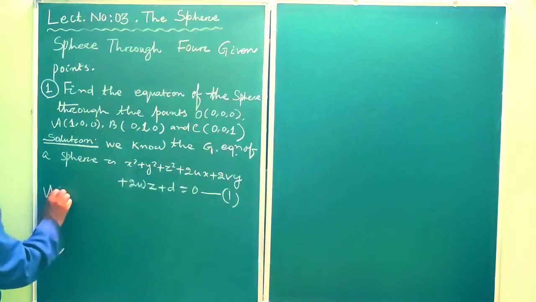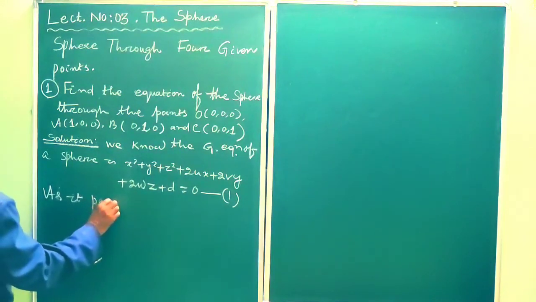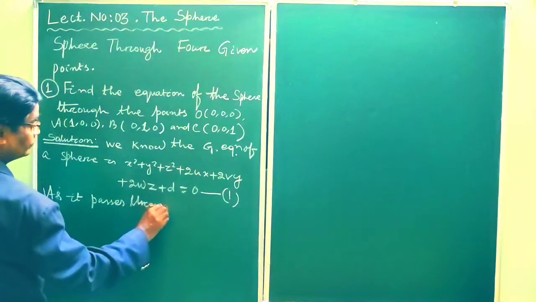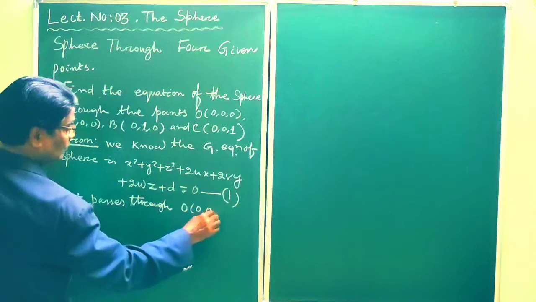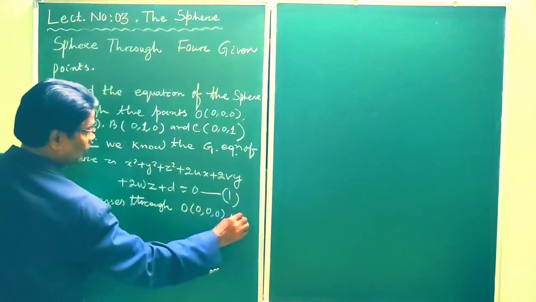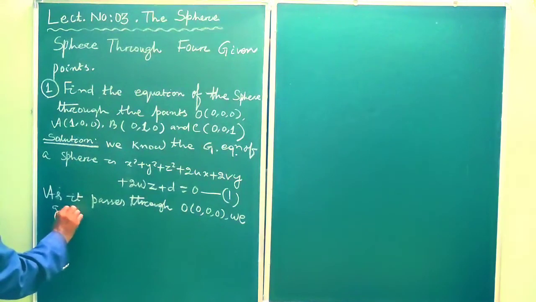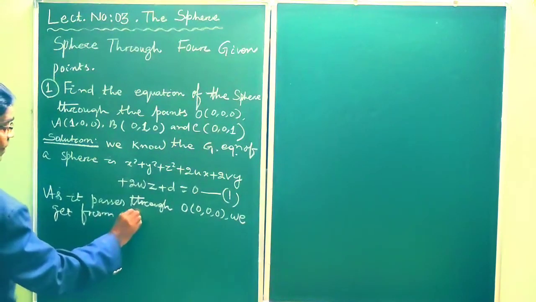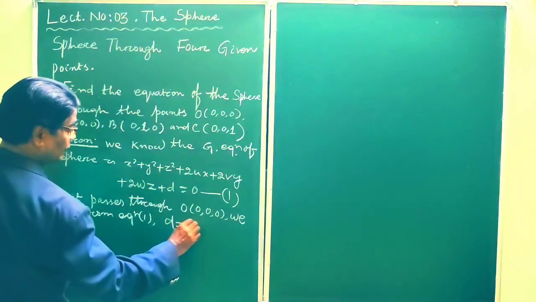As it passes through origin O of 0, 0, 0, we get from equation 1 d is equal to 0.